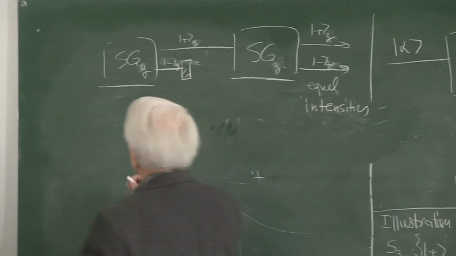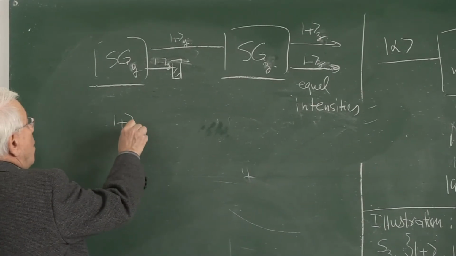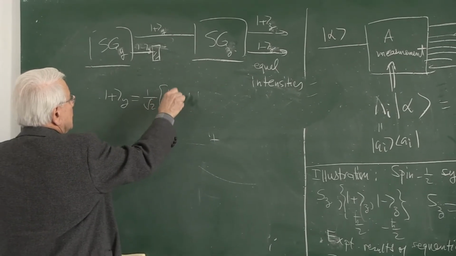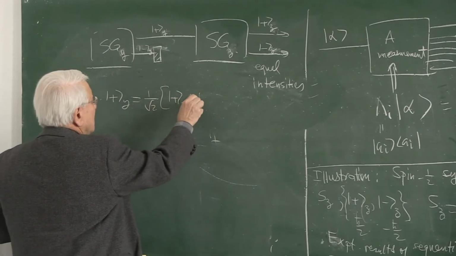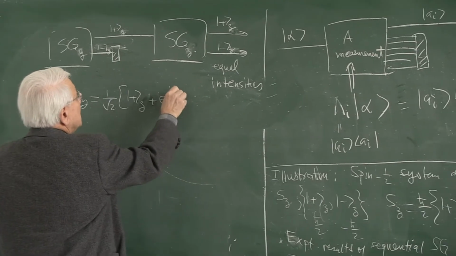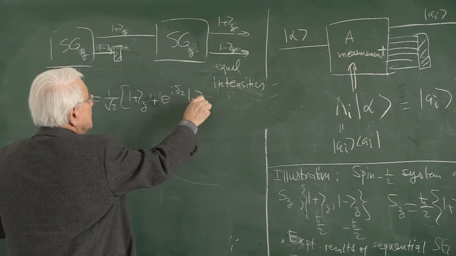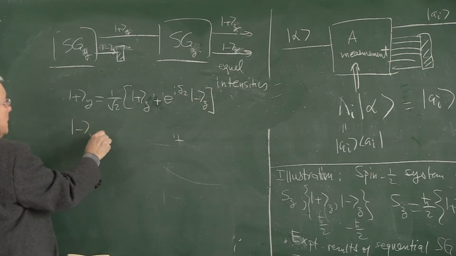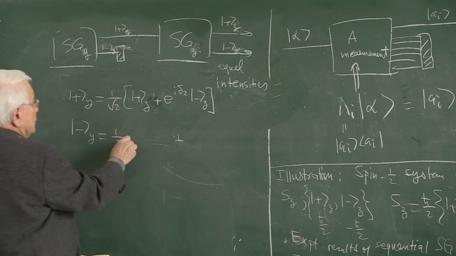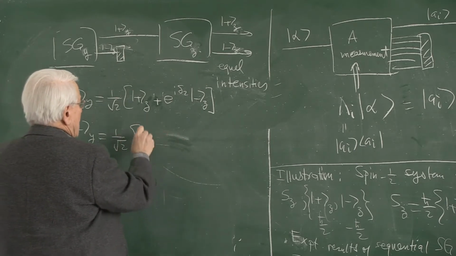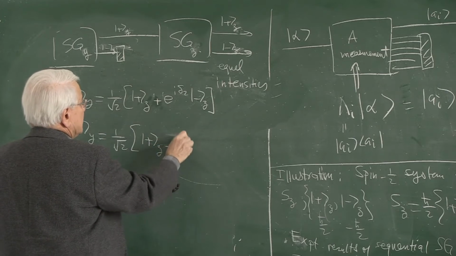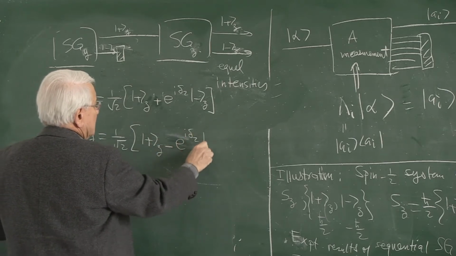So, plus Y 1 over square root of 2 plus Z again here, e to the I delta 2 minus Z, and minus Y 1 over square root of 2 plus Z minus I delta 2.